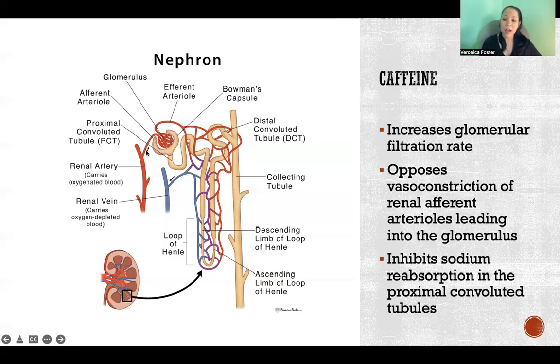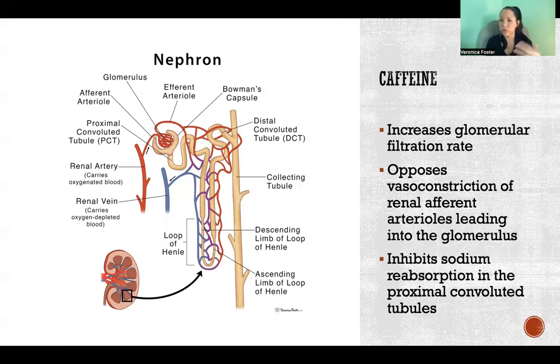If we have higher blood pressure in that vessel, that's going to cause a faster glomerular filtration rate. If we have lower blood pressure there, it's going to cause a slower glomerular filtration rate. Generally, we keep the GFR consistent overall by dilating and constricting that blood vessel to regulate how much pressure is being placed there.